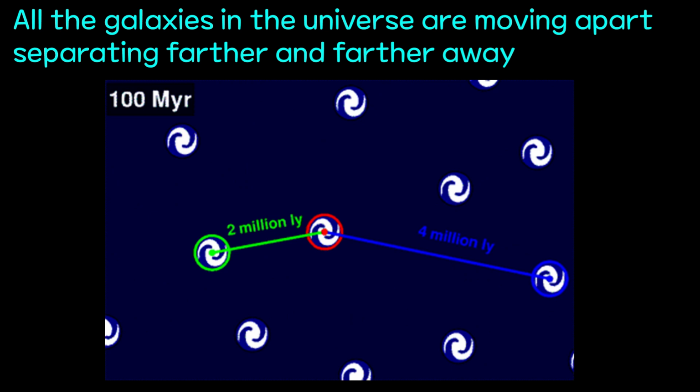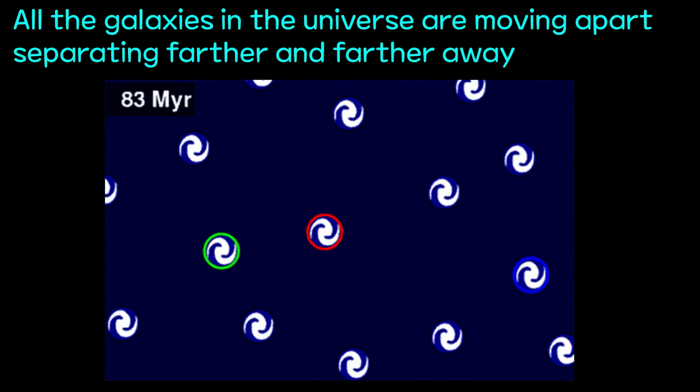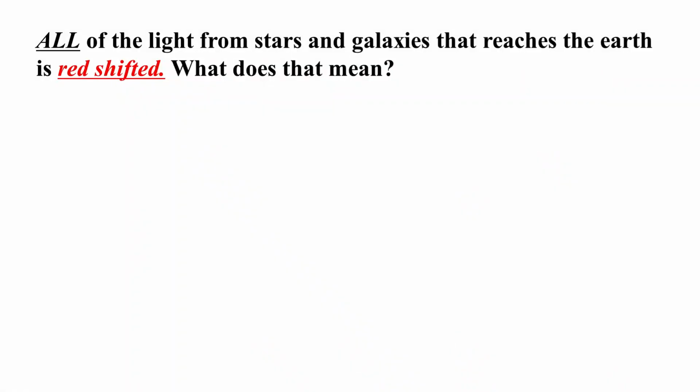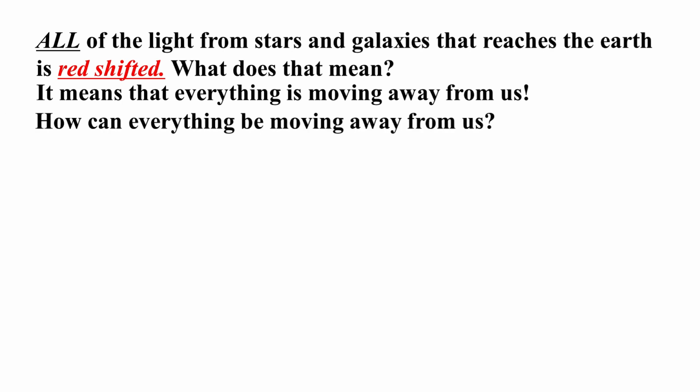Actually, all the galaxies are moving apart, separating farther and farther away. So all of the light from stars and galaxies that reaches the Earth is redshifted. What does that mean? It means that everything is moving away from us.